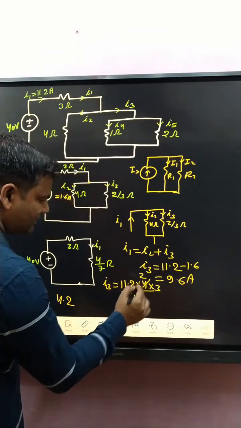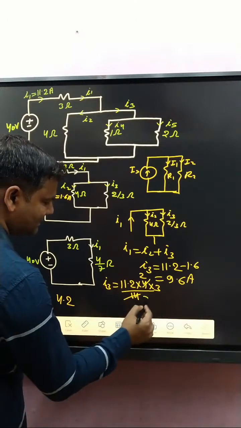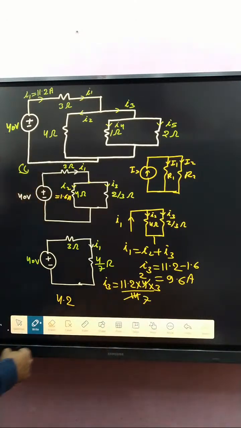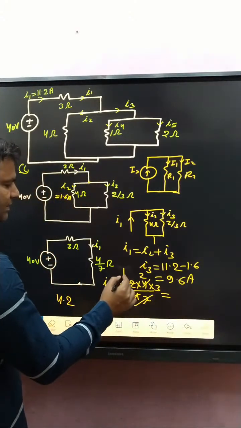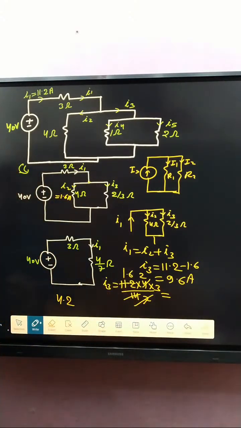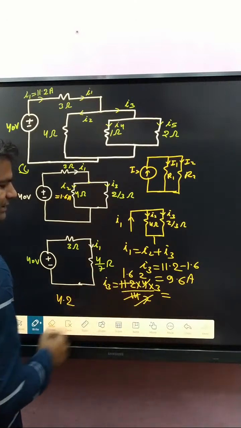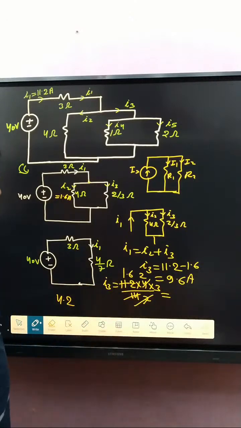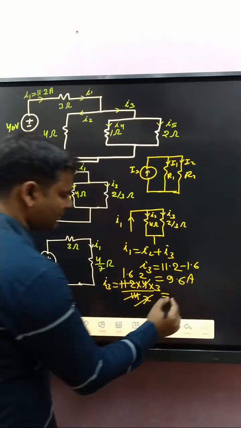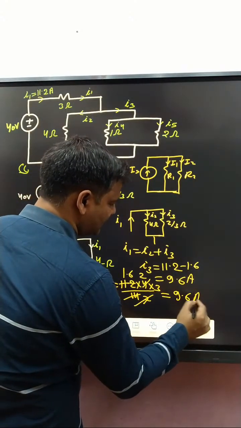So if you divide by 2, then we got 7. Clear? Now 7 1s are 7, 7 6s are 42. After that 3 2s are 6, and we got 9.6, and here is the right answer.